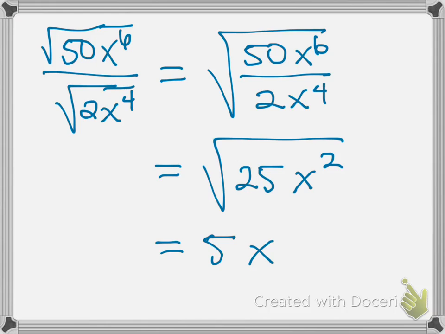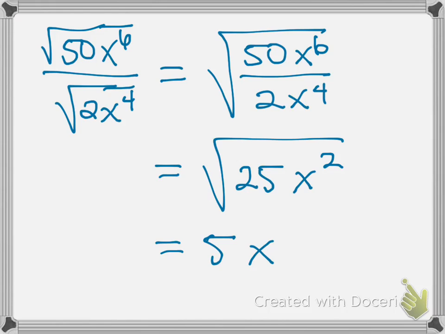But before we finish, we need to think about what we talked about the other day, that when you're simplifying radical expressions, there will be times when you need to use an absolute value bar in your final result.